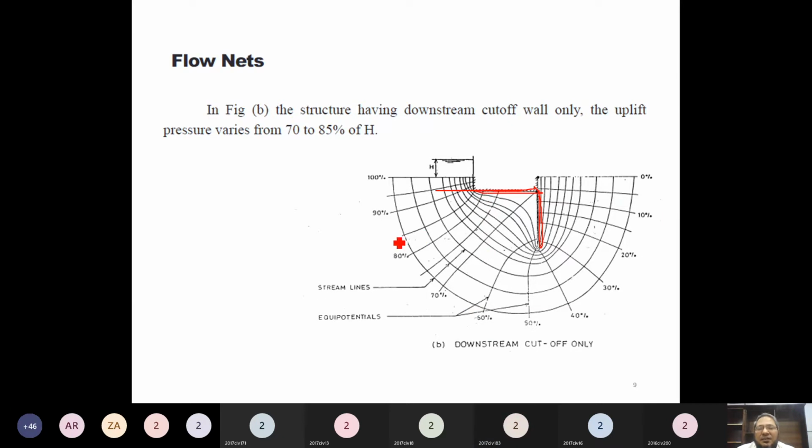This is 80 and 70. What is in between? 85. How much is the uplift pressure here? 70%. So when we provide a sheet pile on the downstream side, the uplift pressure roughly varies from 70 to 85%.